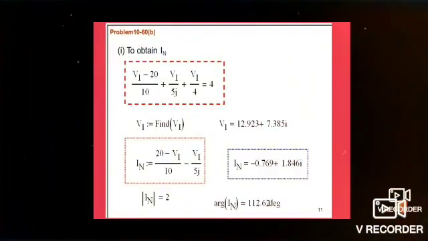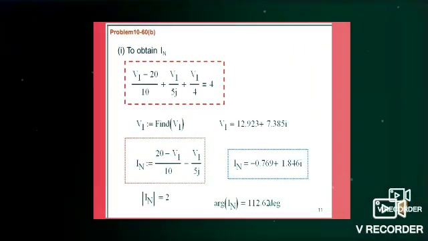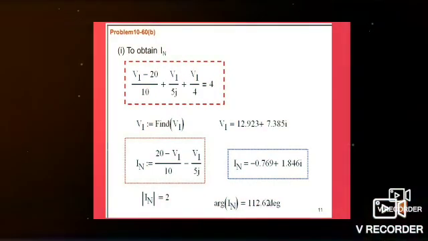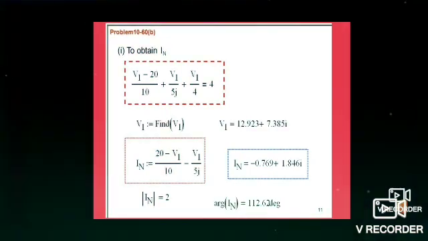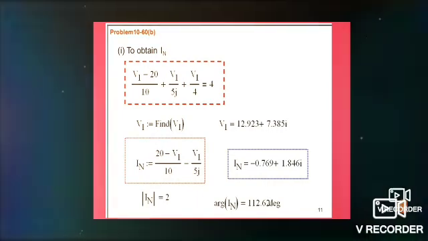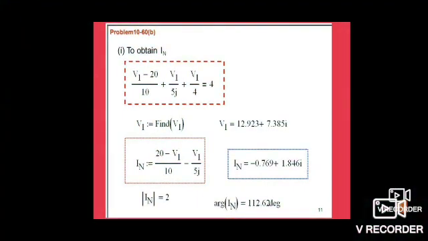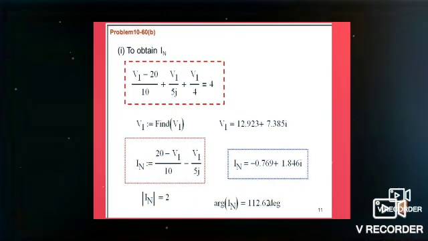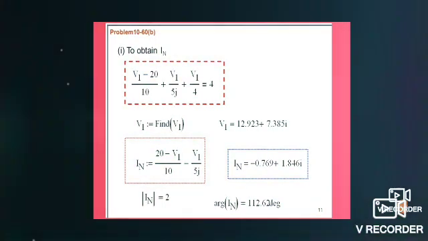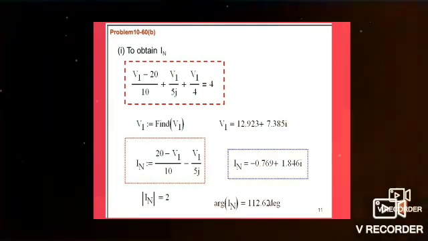For the V1 node, in order to obtain the value of IN: V1 minus 20 divided by 10 plus V1 divided by 5J plus V1 divided by 4 equal to 4 ampere. So V1 is 12.923 plus 7.385 J, in rectangular format. Then IN, the short circuit current, is 20 minus V1 divided by 10 minus V1 divided by 5J.